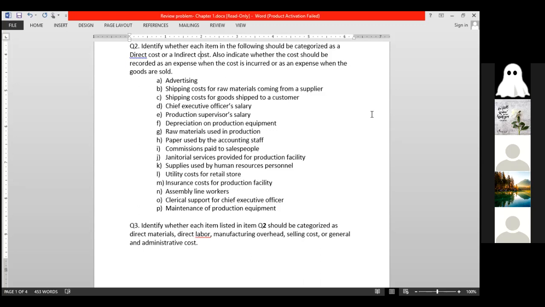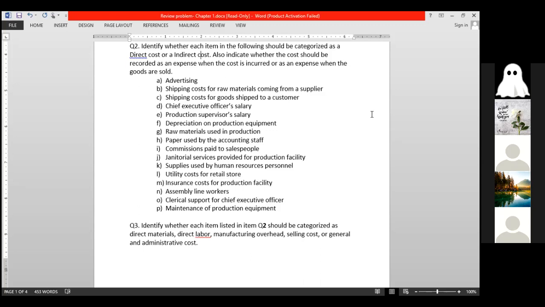Yes. Paper used by accounting staff is an expense that is incurred by the office management or the office staff in a company. Even if you don't have accountants, you can outsource your accounting process. It doesn't affect the production. Accountants don't work in your production process. They work in the company management. So that is an indirect cost.